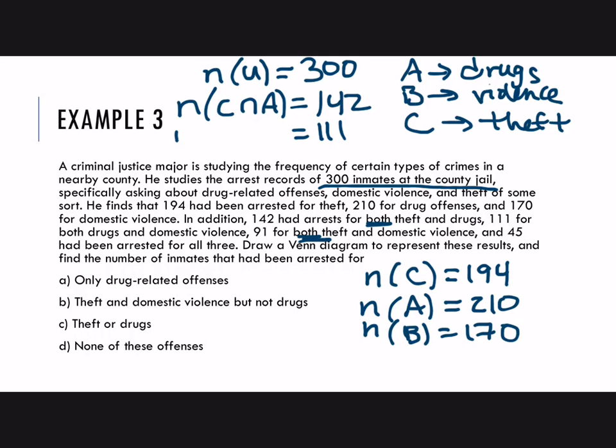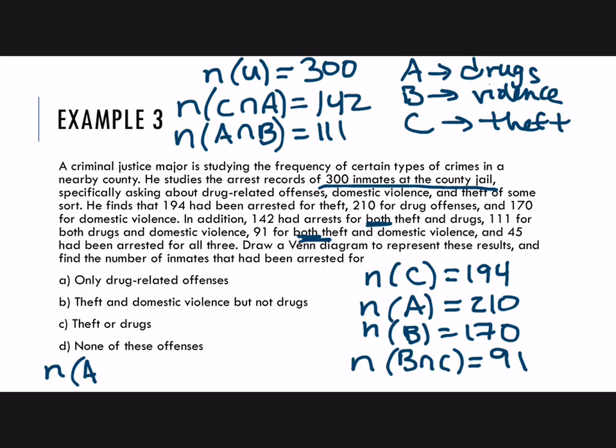So that's sets A and B. And then 91 for both theft and domestic violence. That's B and C. And 45 for all 3. So all 3, that's actually an intersection again of all 3 sets.